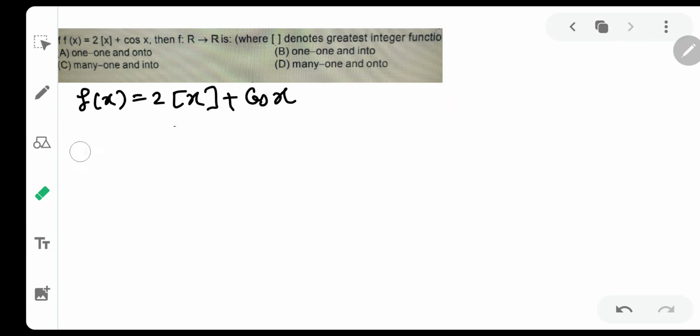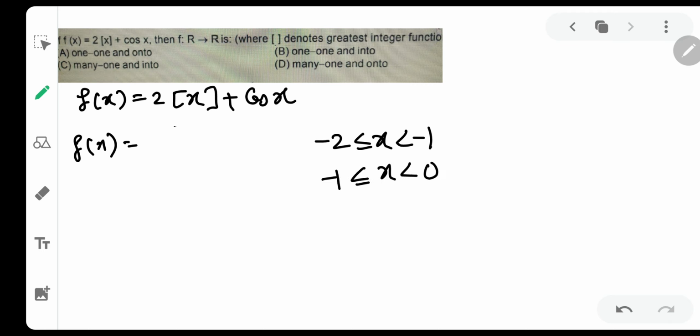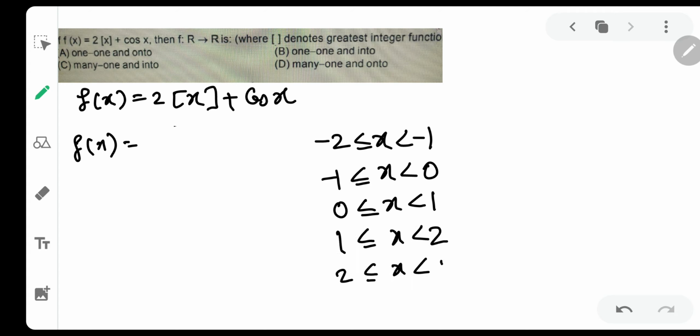So first of all, I will split this function from, let me say, -2 to -1, -1 to 0, 0 to 1, 1 to 2, and 2 to 3, because it is a piecewise function.